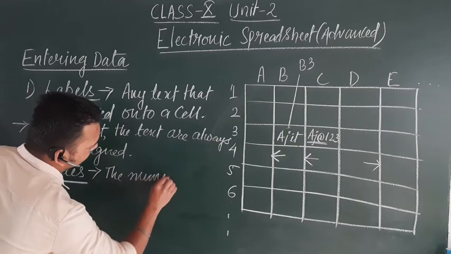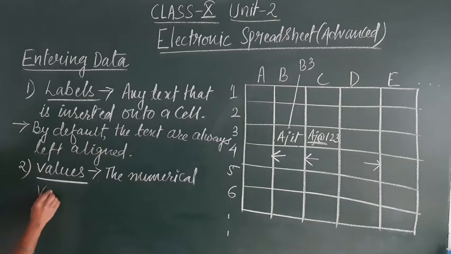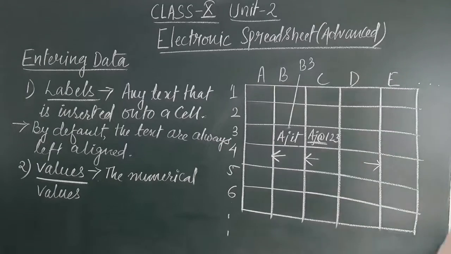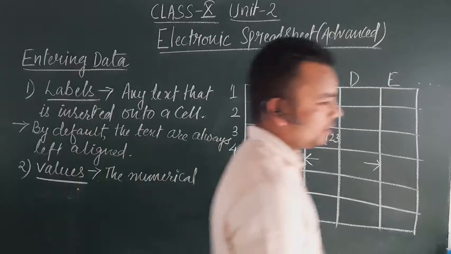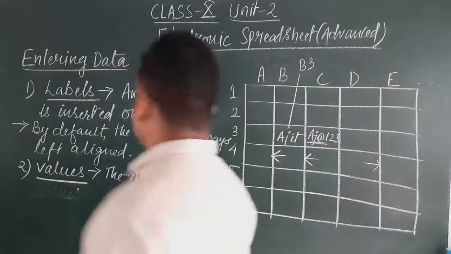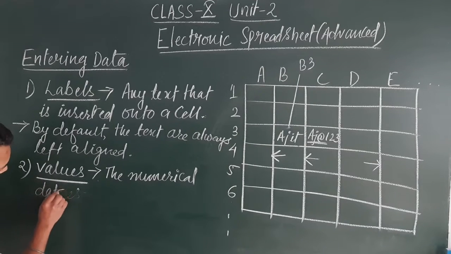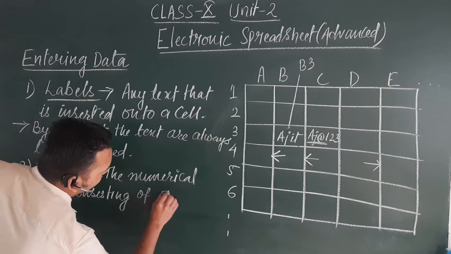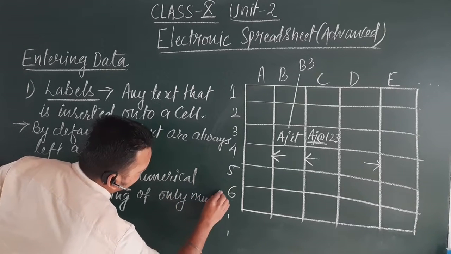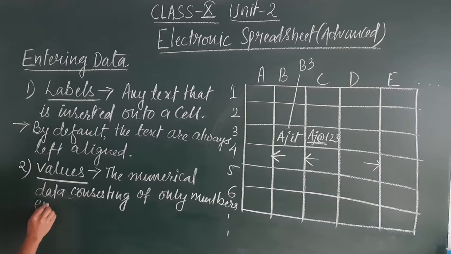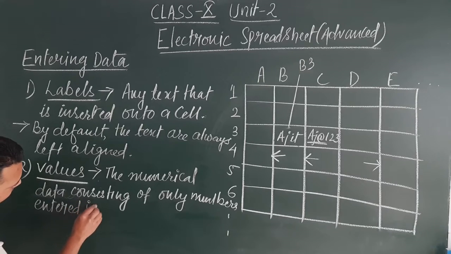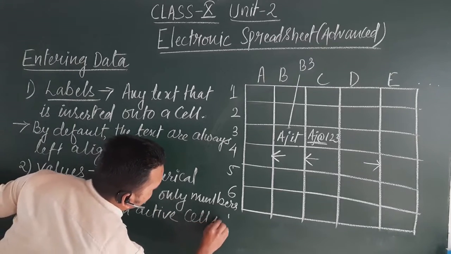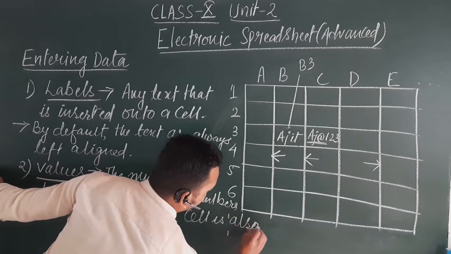The numerical values: numerical data consisting of only numbers entered into an active cell is also called value, also known as values.